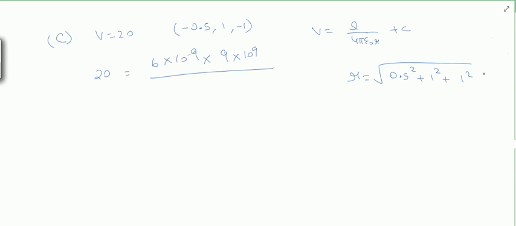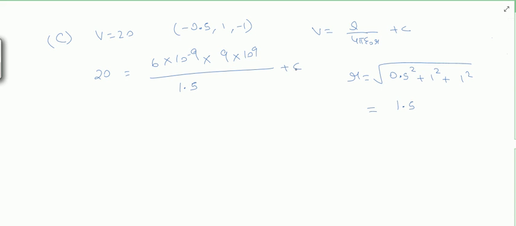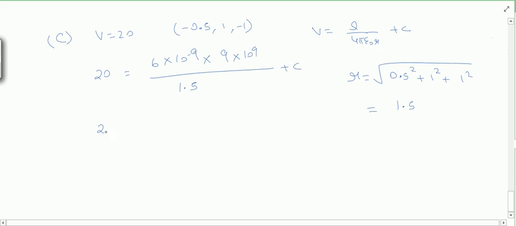So this will come as 1.5. So I can write the value here 1.5 and plus C. So 20 equals, 6 into 9, 54, 54 divided by 1.5 is 36 plus C. So value of C comes out to be 20 minus 36, so it will be minus 16.